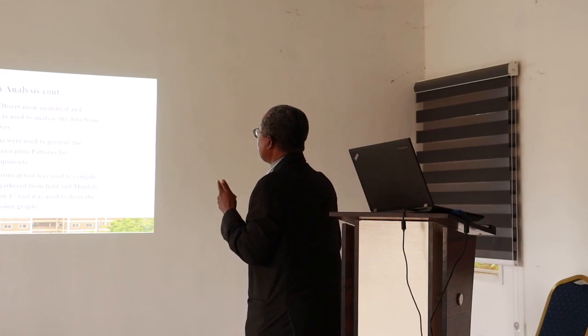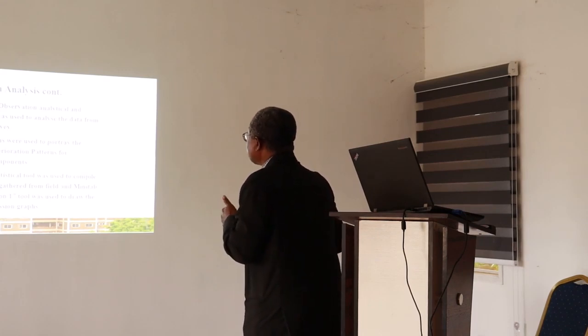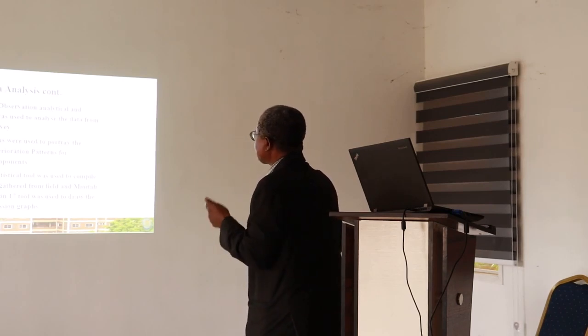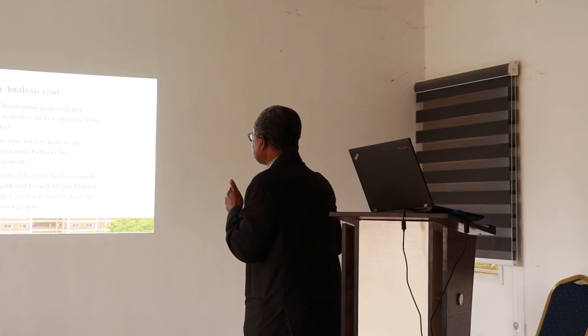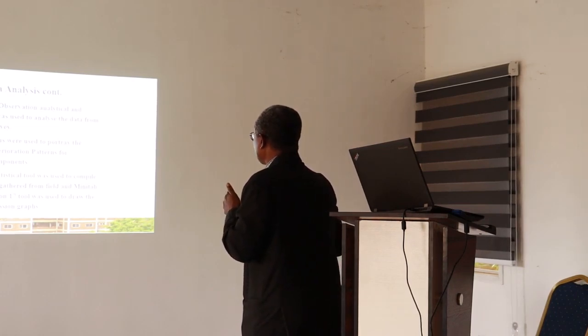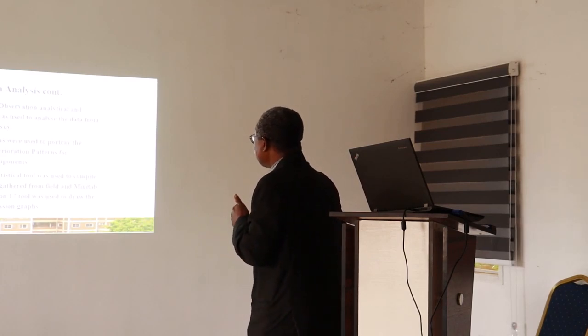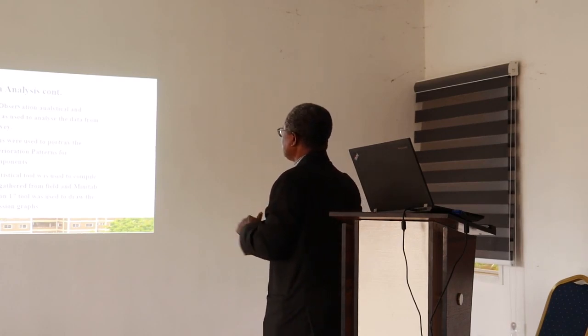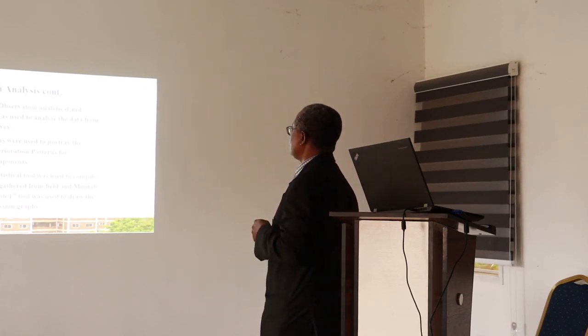Distribution graphs were used to portray the typical distribution pattern for building components. Excel was used to compile data gathered from the field, and Minitab version 17 was used to draw the regression graph.